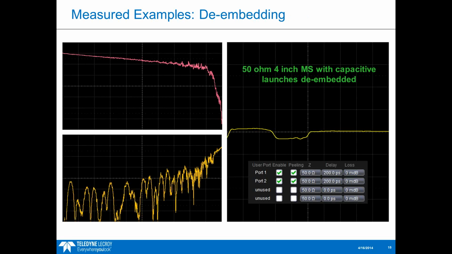All I had to do in this instance, and this is a unique feature that we have on the LeCroy Spark, is enable this impedance peeling algorithm we use and just put in the delay. And the connectors are de-embedded automatically. So you can use the same technique for fixtures as well.